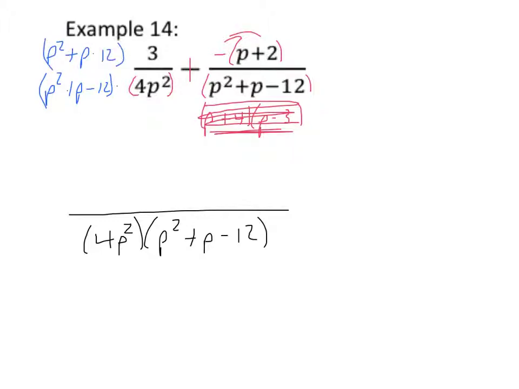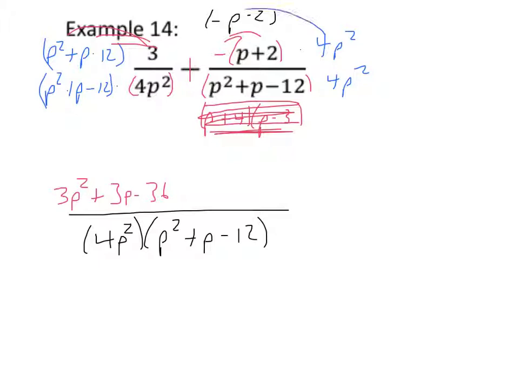So again, remember, we're going to have to distribute that, which would give us 3p squared plus 3p minus 36. In the second fraction, it needs the 4p squared. Now this is actually negative p minus 2, because we distributed that negative.